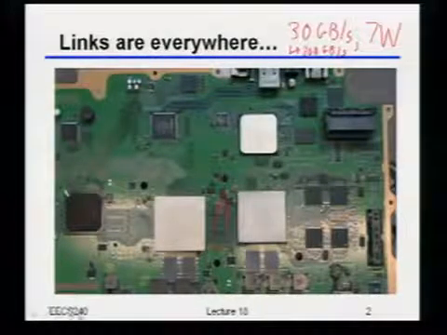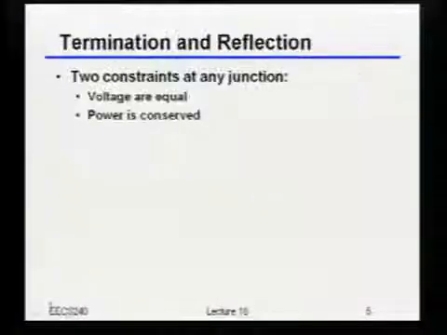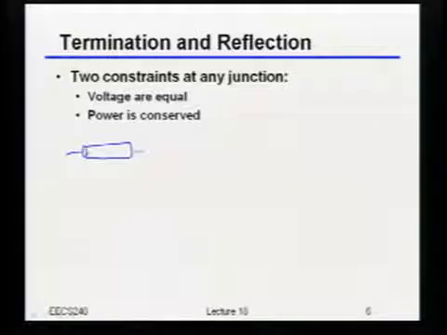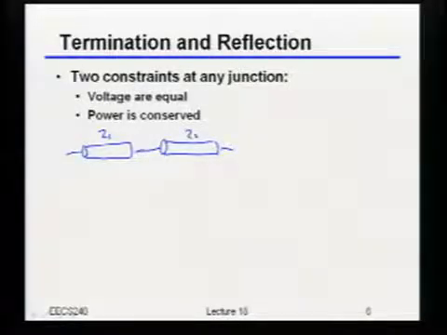So in other words, what's eventually going to happen is you're going to have one transmission line, and actually I'll draw it down here, with a certain characteristic impedance. Eventually, it's probably going to have to talk to another transmission line, where that other line may have a slightly different characteristic impedance.